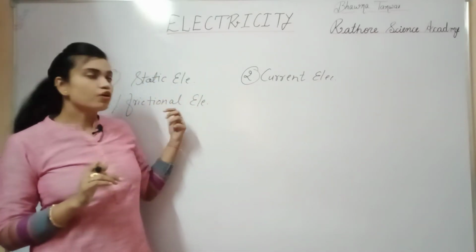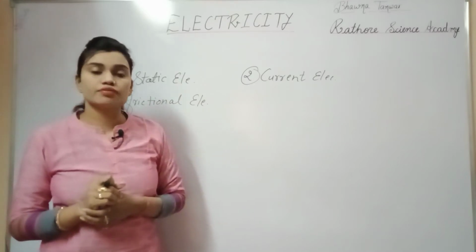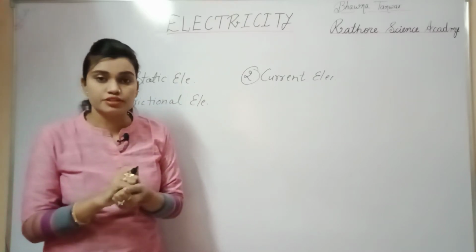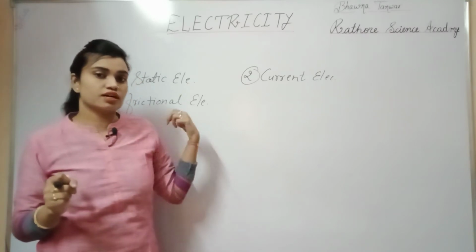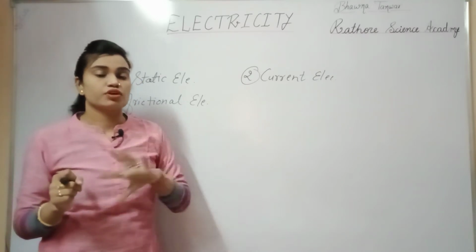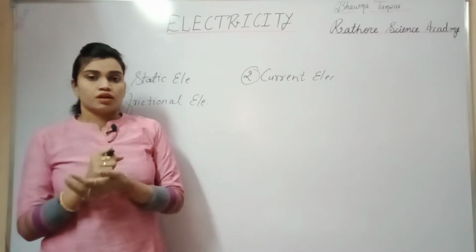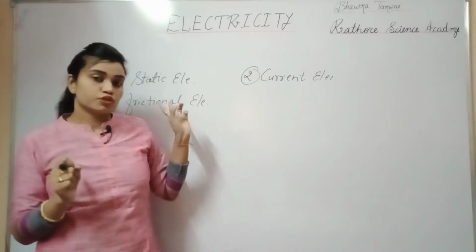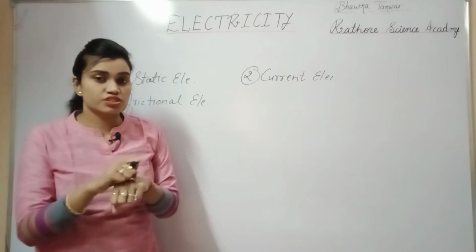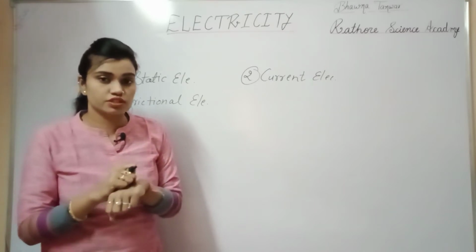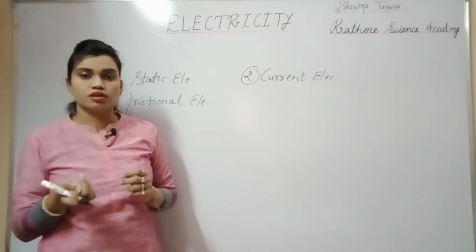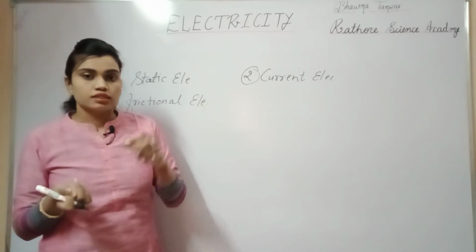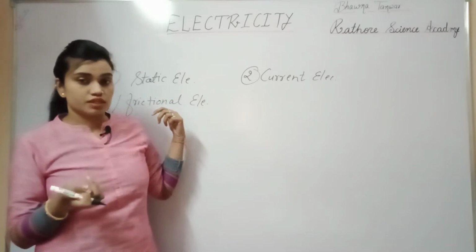This static form of electricity is generated while rubbing two bodies, and we all know while we rub two bodies there is a force, that is frictional force, right? But we are not going to discuss that. This electricity is produced by rubbing two surfaces on each other, and the surface of a body accumulates charges, then the static form of electricity arises.